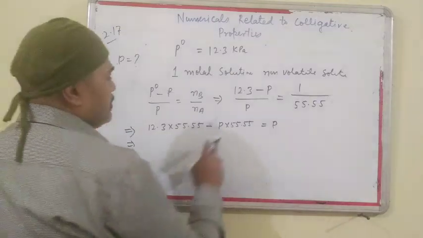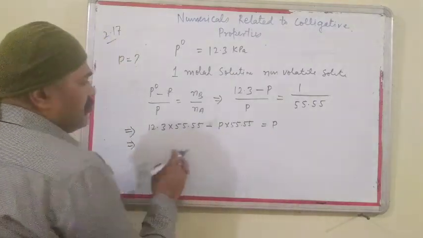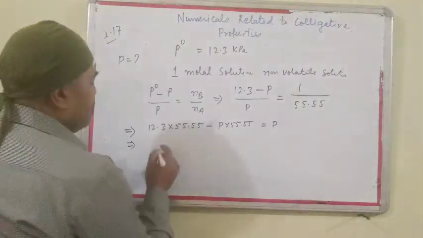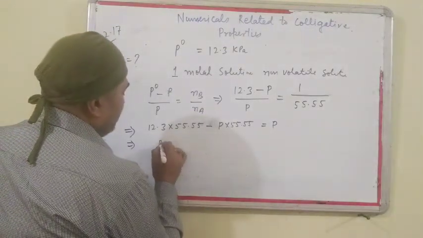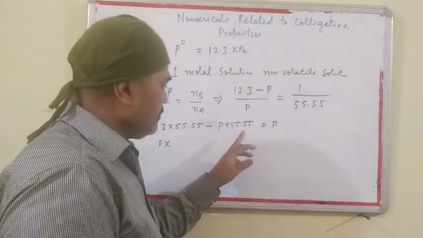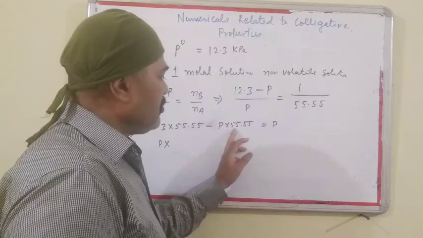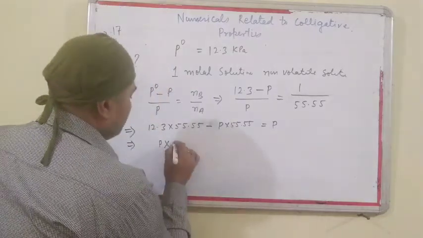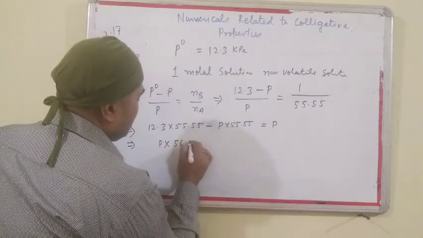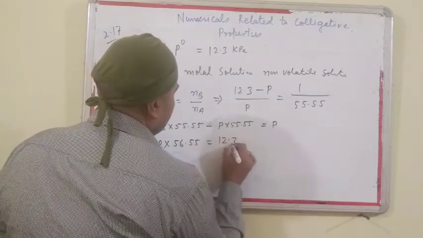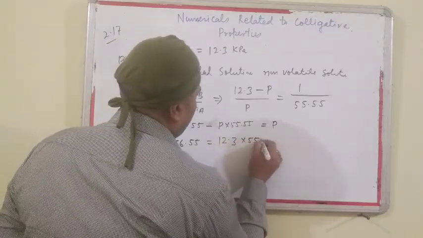On transposing this to the left hand side, we get P into, on taking common, 55.55 plus 1. So this becomes 56.55, and in the right hand side 12.3 into 55.55.